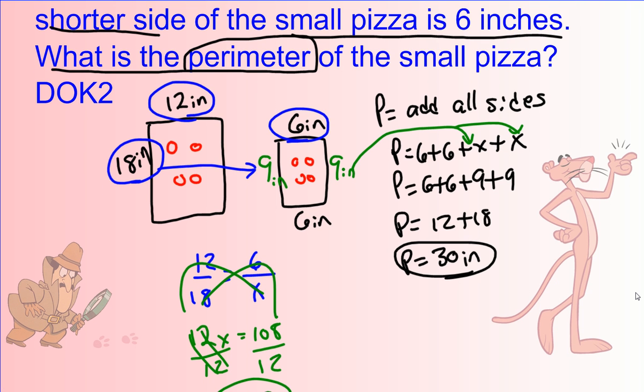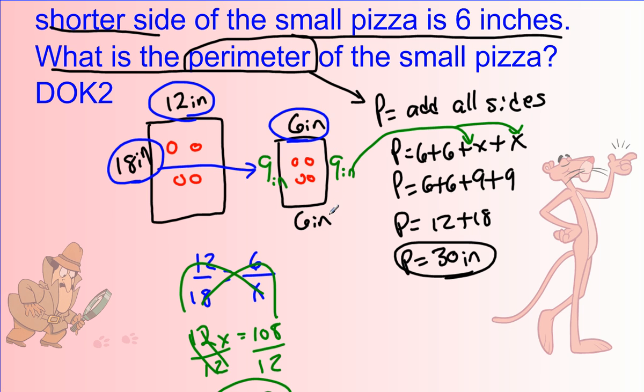So I had to find the perimeter of the small pizza. That was what the question asks. I put down what I need to do to find perimeter. Perimeter is you add all of the sides of the small pizza. I knew the top and the bottom were 6. It said so in the problem. I did not know the left and the right, this long side of the pizza.